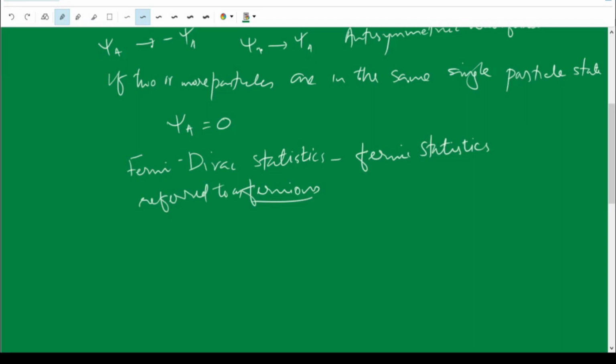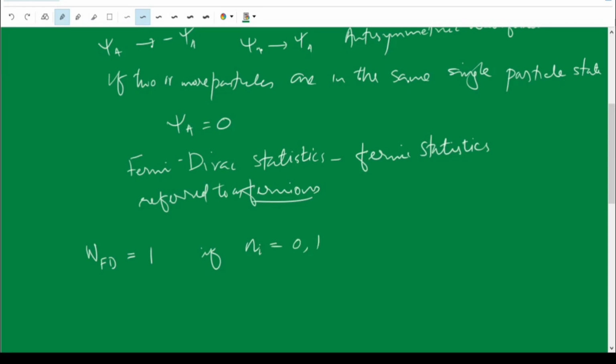Now the statistical weight factor W FD, that is, of the particles obeying Fermi-Dirac statistics, obeying the exclusion principle, or described by an antisymmetric wave function, is equal to 1 if the number of particles Ni in the distribution set is equal to 0 or 1.